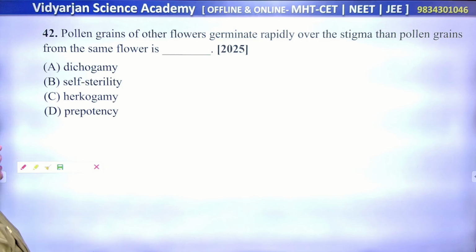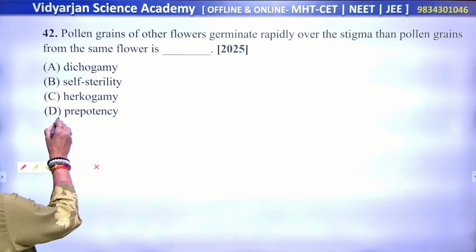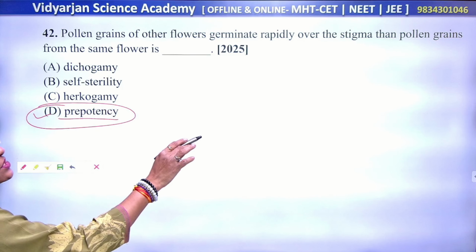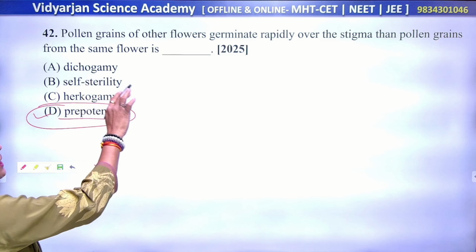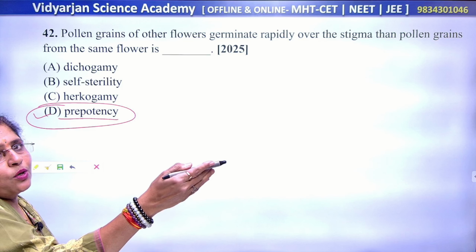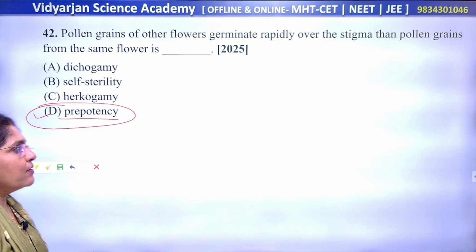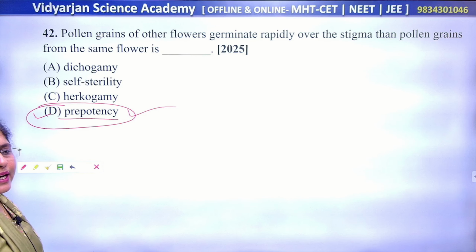Next is hercogamy, and next is prepotency. So what is your correct answer? Your correct answer is prepotency. This is the term used when pollen grains of other flowers germinate on the stigma faster than pollen grains from the same flower. So this is the correct answer.